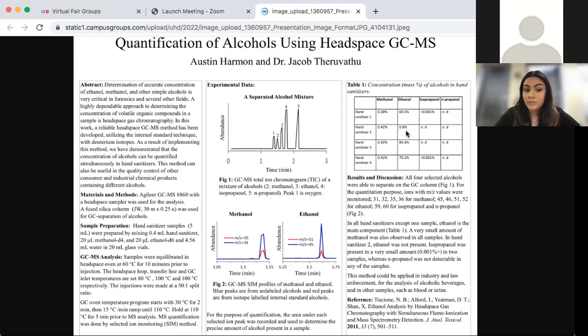To prepare the samples, we used methanol, ethanol, the methanol isotope, which is called methanol D4, and the ethanol isotope, which is called ethanol D6. We placed the isotopes, a small amount of the hand sanitizer, and water in a 20 milliliter glass vial, and we placed it in the Headspace Sampler.